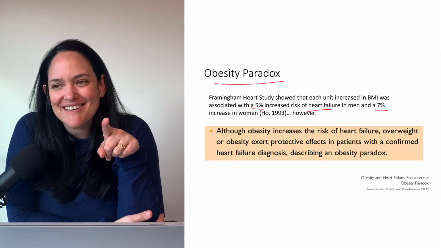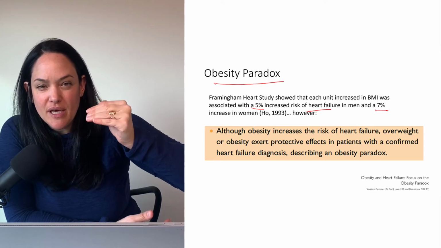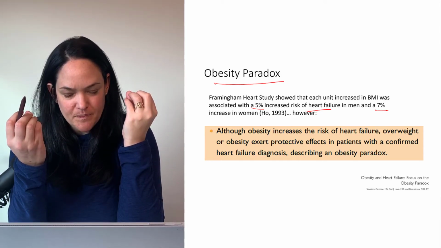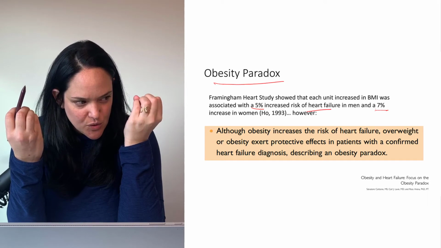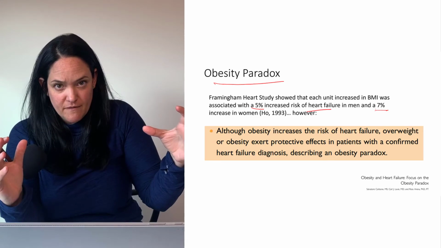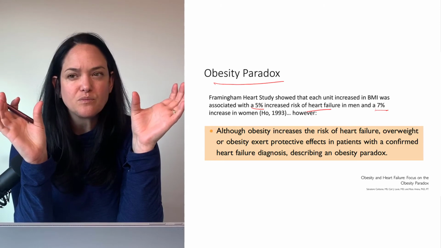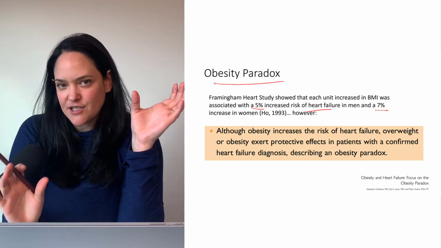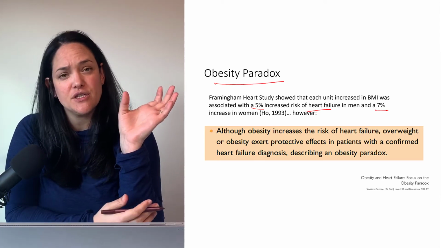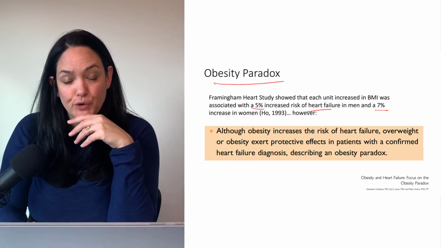But what's interesting is that individuals with obesity, specifically the BMI 30 to 35 obesity, who have heart failure, are compared to individuals that don't have obesity who also have heart failure. So if we have a population with heart failure and we divide them into those with obesity and those without obesity, those that have obesity actually have better outcomes, actually tend to live longer and have fewer complications compared to people with heart failure that are of what we might call normal BMI.